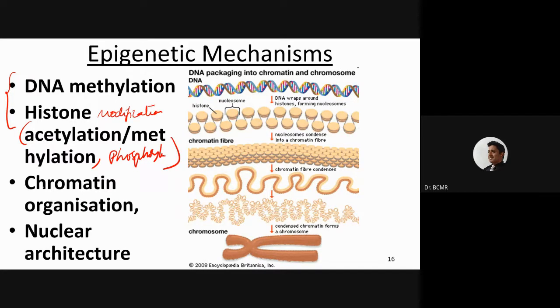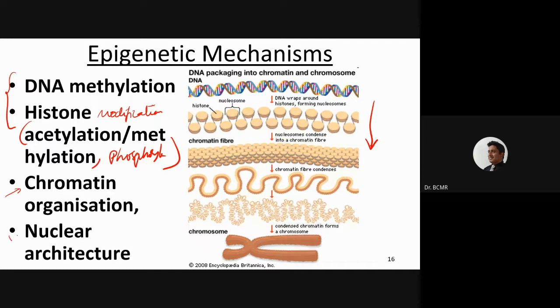The third is chromatin organization, about how chromatin is organized. Is it tightly packed? Are the genetic elements accessible to other proteins, regulatory proteins, or not, and so on.